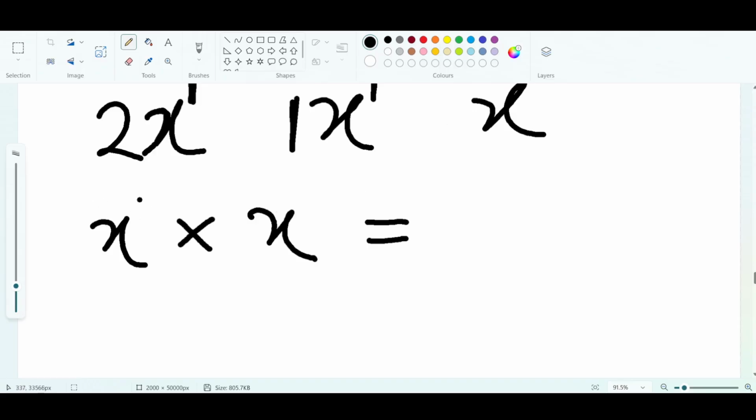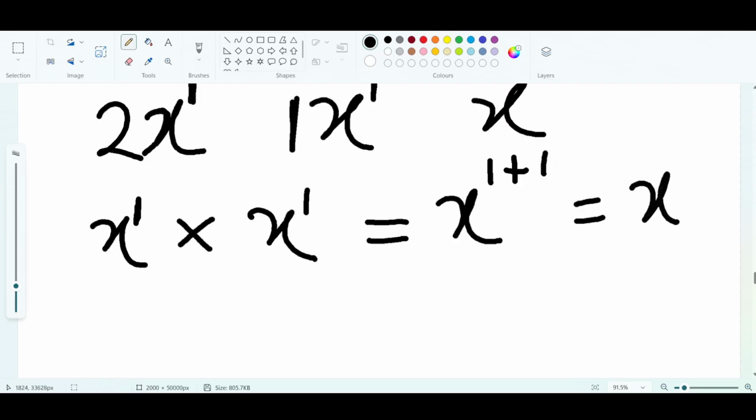Here x is raised to power 1, and another x is raised to power 1. So what this tells us is that whenever we multiply x and x together, we add their powers. So that's going to be x raised to power 1 plus 1, and that's going to be x raised to power 2.